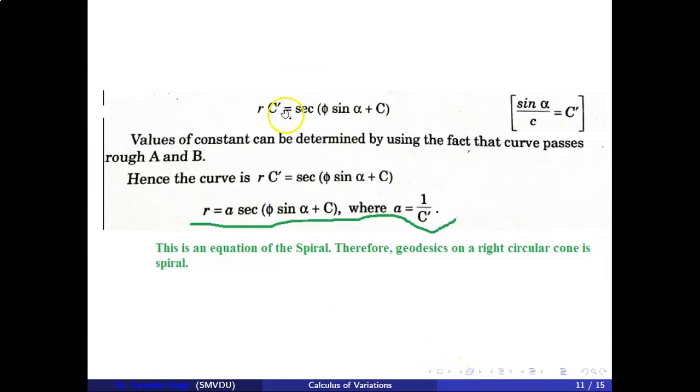Now values of the constants can be determined using the fact that the curve passes through the points A and B. Hence the curve is r sin alpha equal to c secant of (phi plus c dash), and another way you can write r equal to this thing. This is an equation of a spiral. Therefore geodesics on a right circular cone is a spiral. So this is about the derivation of the geodesic of a right circular cone.